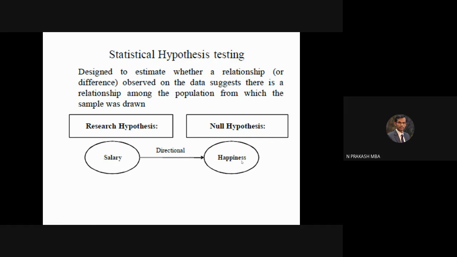We also frame the alternative hypothesis, that the salary earned by the employee has a significant relationship with the happiness of the employee. Likewise you have to create both the null hypothesis and the alternate hypothesis. This we call a research hypothesis, where we find the relationship between the two variables.